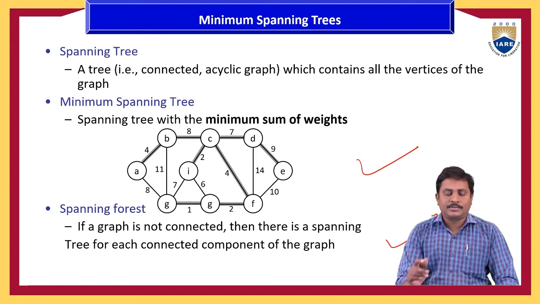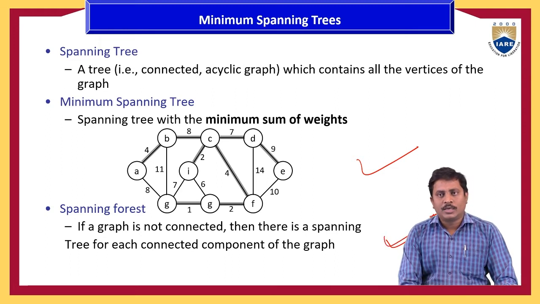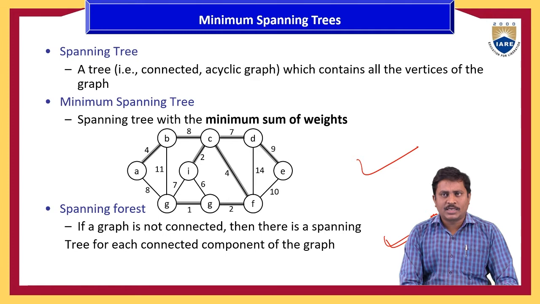Spanning forest: if a graph is not connected, then a spanning tree for each connected component of the graph is called a forest. So a spanning tree means a tree which is not cyclic and which consists of all the vertices of the given graph.